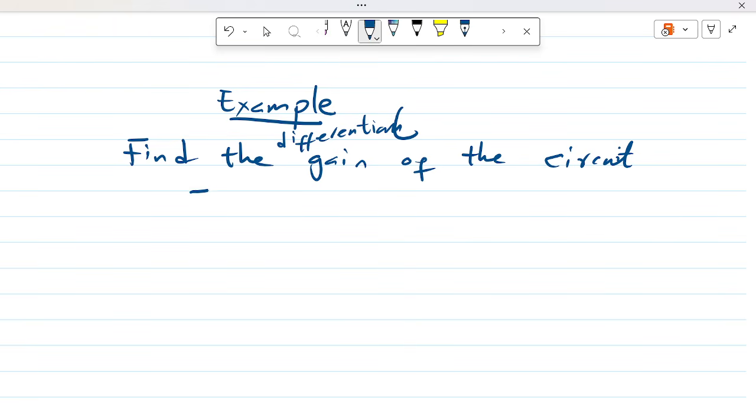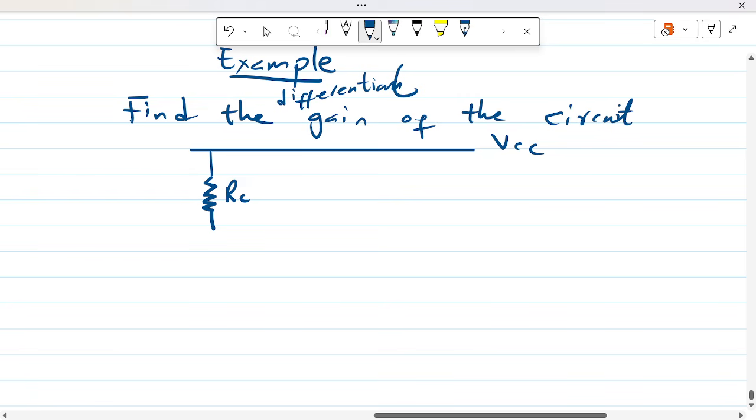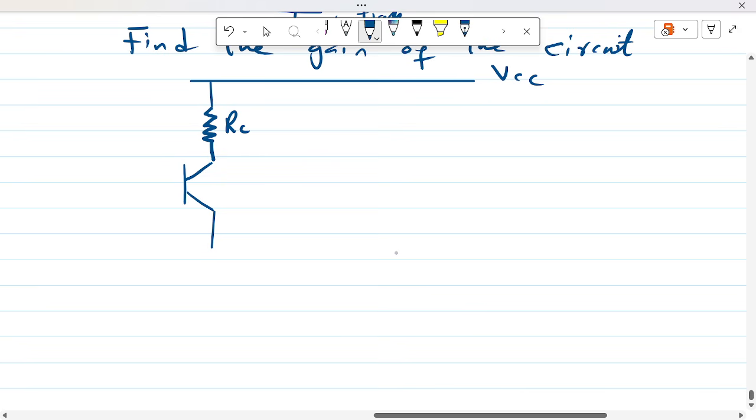I'm going to draw a differential amplifier this way with a VCC. So this is RC, and this time I have emitter degeneration here.